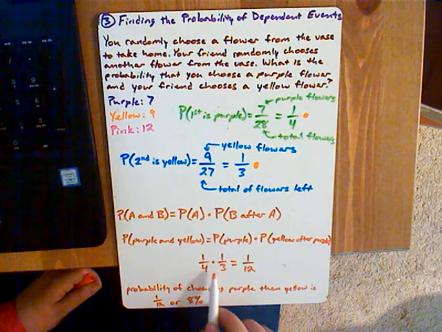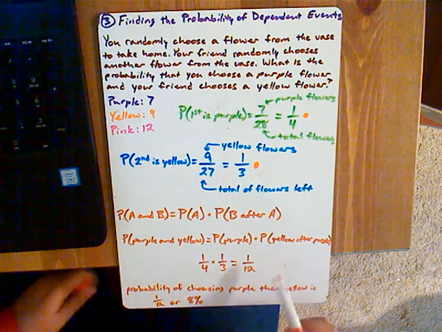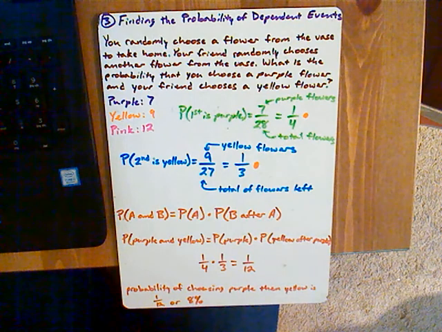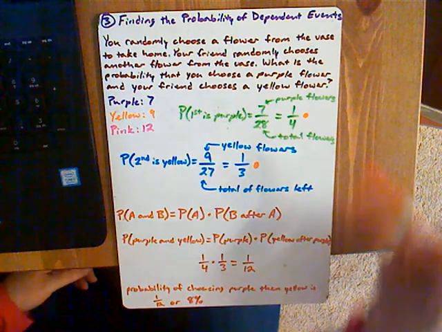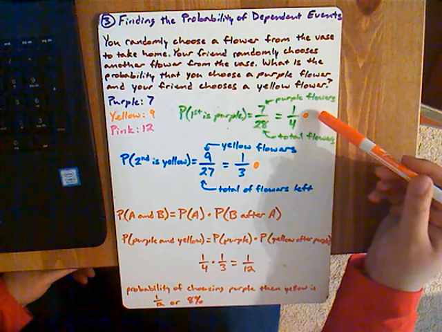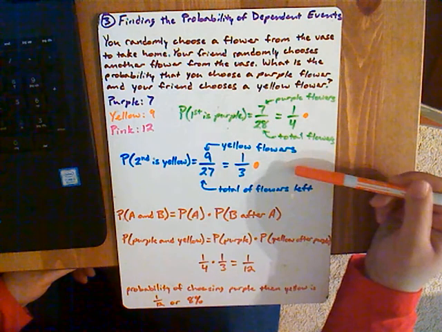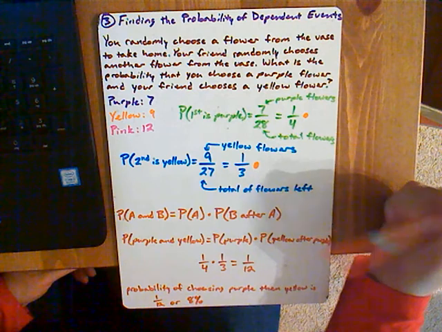So 1/4 times 1/3 equals 1/12. So the probability of choosing a purple flower then a yellow flower is 1 over 12, or about 8%. And that is finding the probability of dependent events, because remember, the first event affects the outcome of the second event.